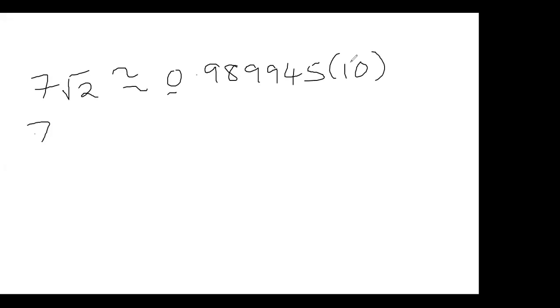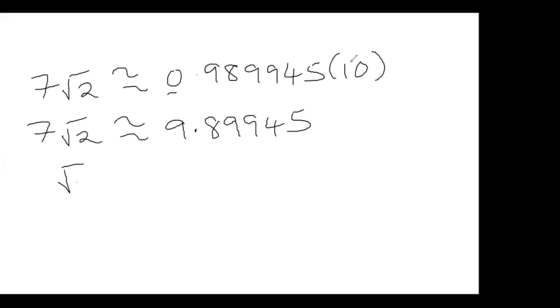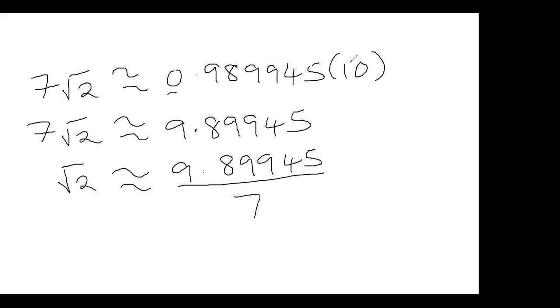So I have 7 root 2 is approximately equal to 9.89945. Then what would be root 2? Root 2 is approximately equal to 9.89945 divided by 7. And when you do that, what do you get? We are not using the calculator.